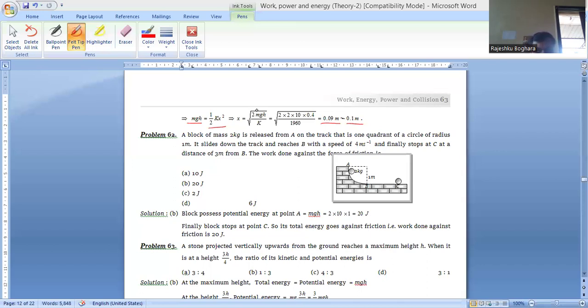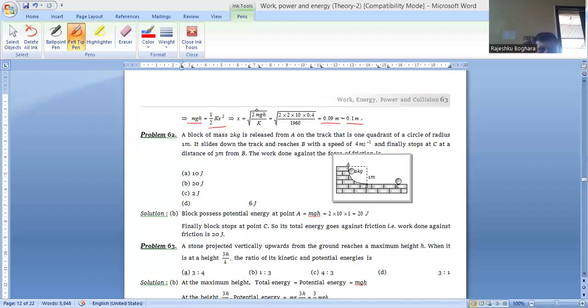So here the work done due to friction is converted from the total energy. Total energy here is mgh. So mgh is converted into work done against the frictional force, and the final energy is 0.